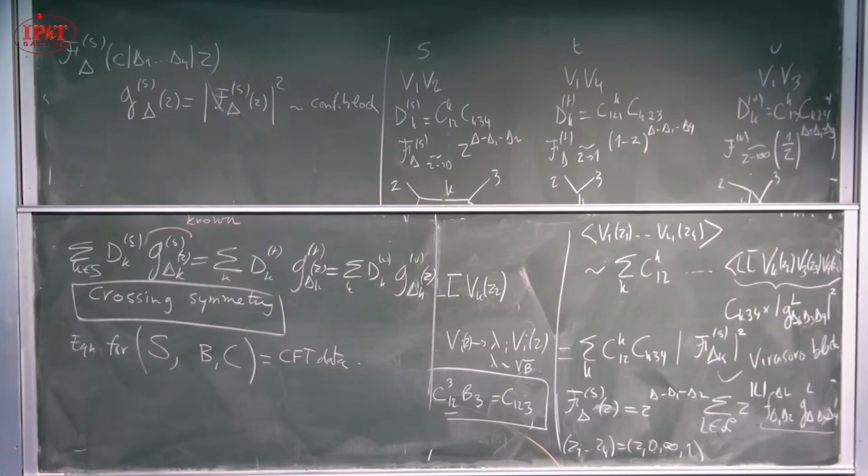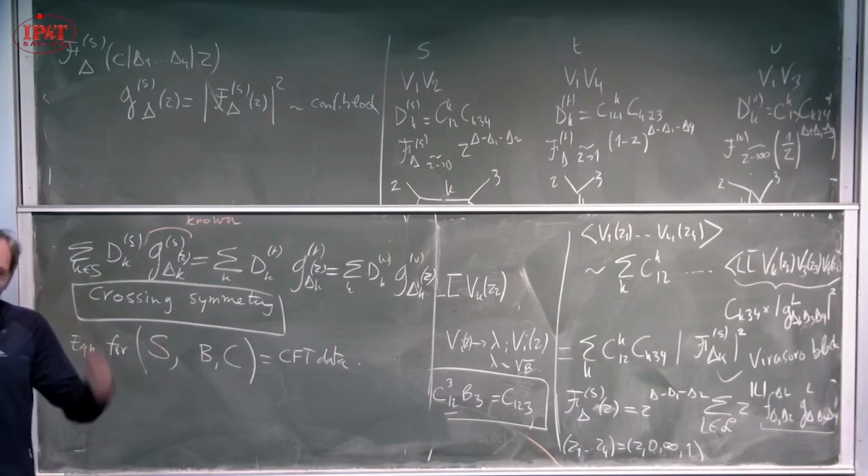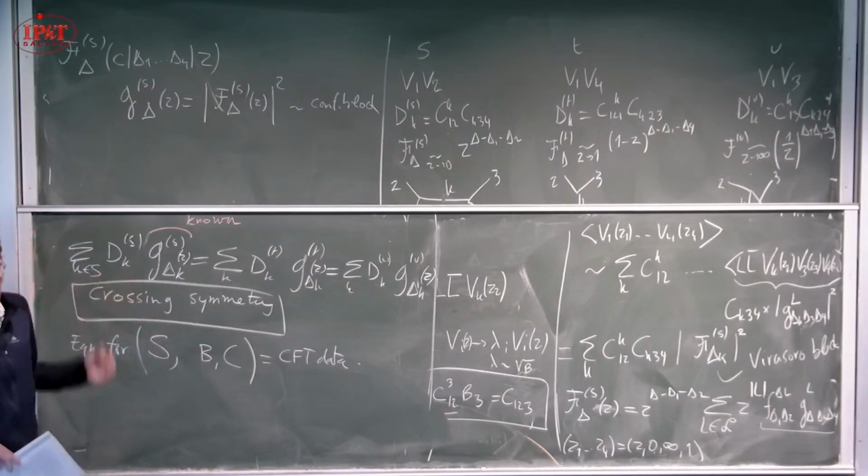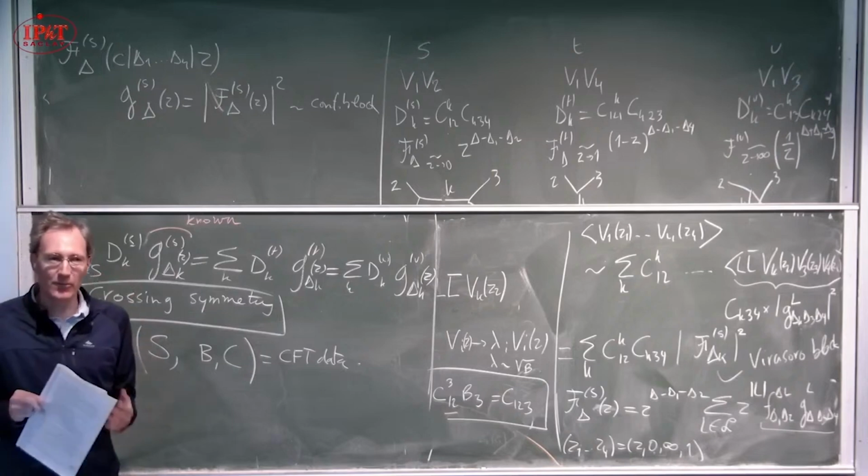Oh, so a few people are still thinking. But most of them are not, apparently. Yeah, the answer is indeed no. I don't get more constraints by studying higher correlation functions. And the reason is that basically this crossing symmetry is equivalent to associativity of the OPE.